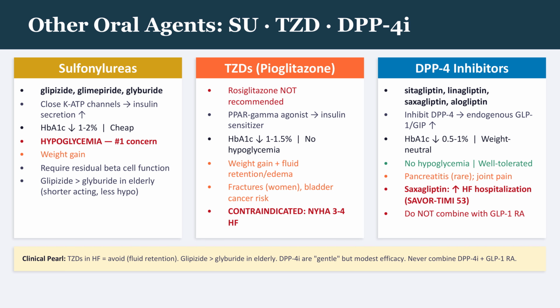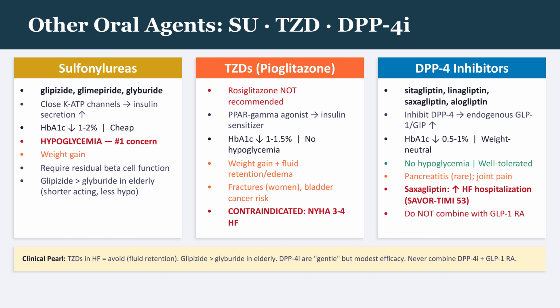But the side effect profile is limiting: weight gain, significant fluid retention and edema, fracture risk in women, and possible bladder cancer with long-term use. The hard stop: TZDs are contraindicated in NYHA class 3 or 4 heart failure because the fluid retention makes heart failure worse. If someone asks you which diabetes drug to avoid in heart failure, that's your answer, the TZD.